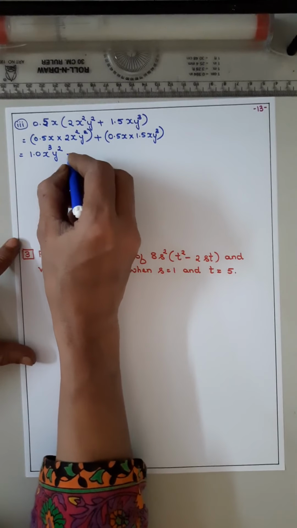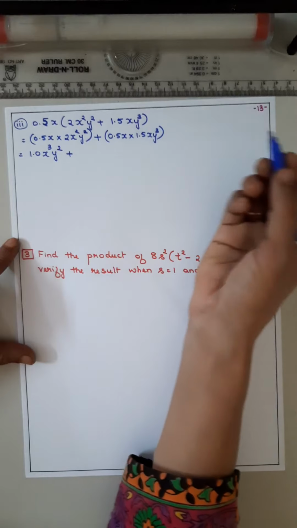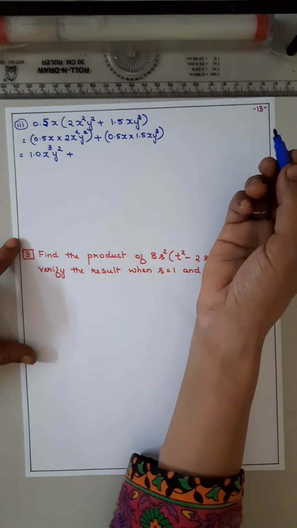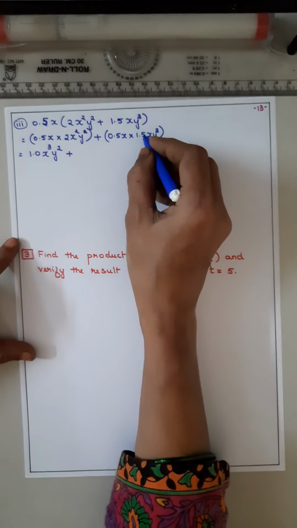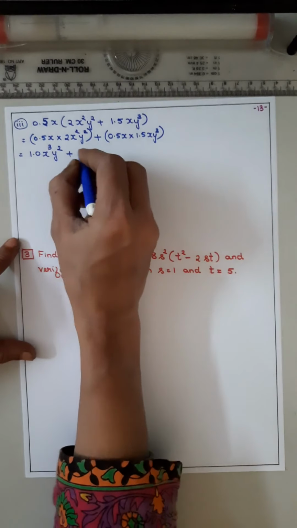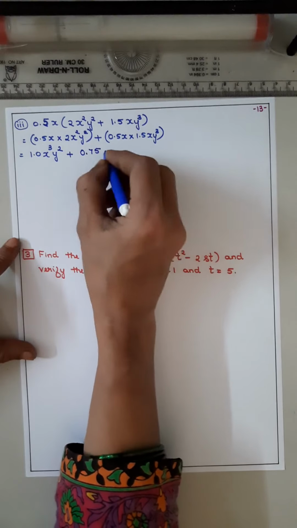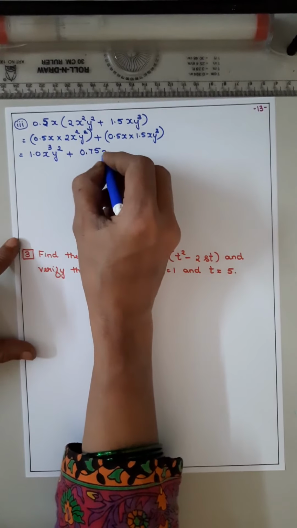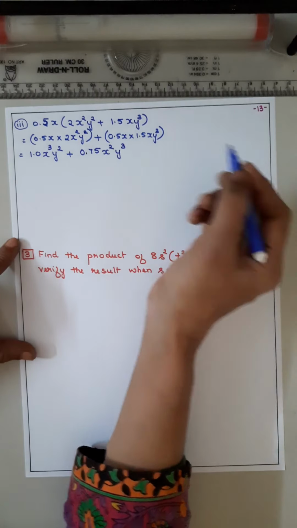Now plus 15 5s are 75. Now 1 decimal, 2 decimal, that means 0.75. X and x squared, then y cube.